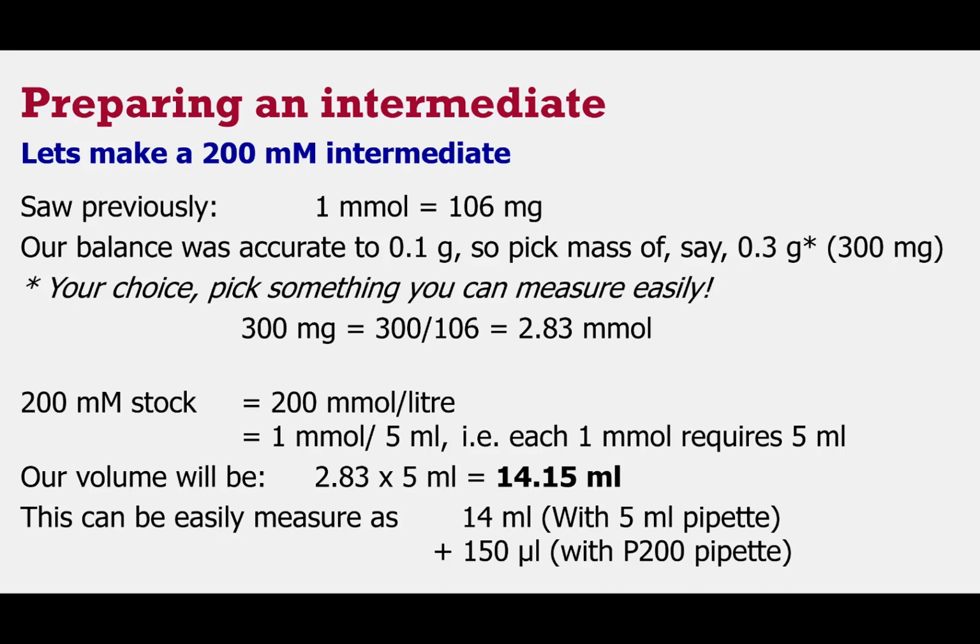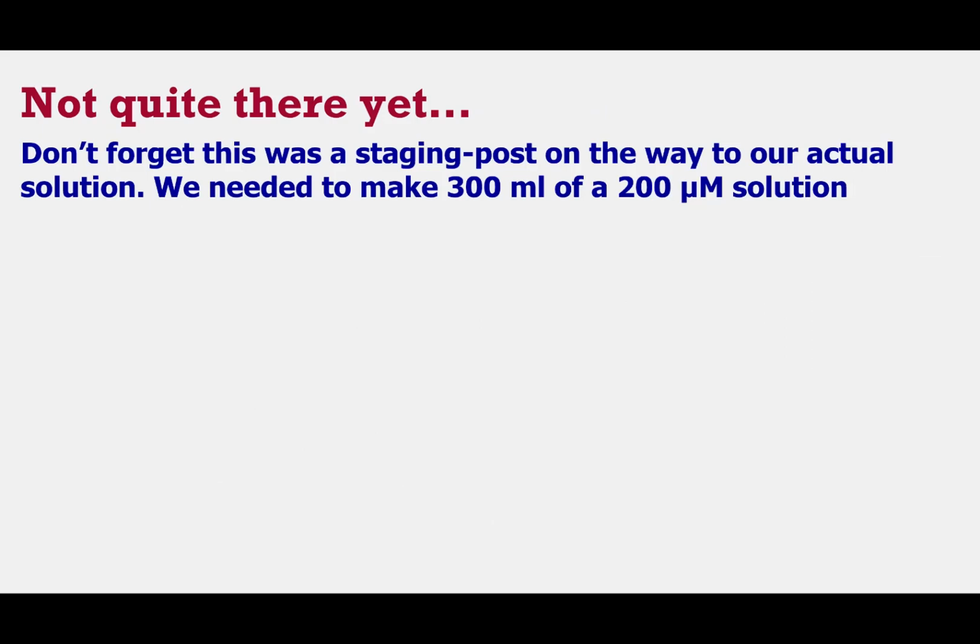Obviously we've got to use it 3 times to do so, but then we can add 150 microlitres using a P200, so a 200 microlitre maximum volume pipette. And so that's relatively easy to do, and certainly easier than the limitations we had previously with our balance.